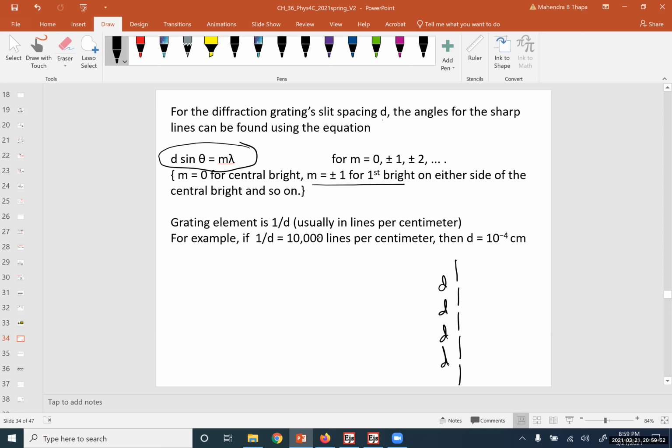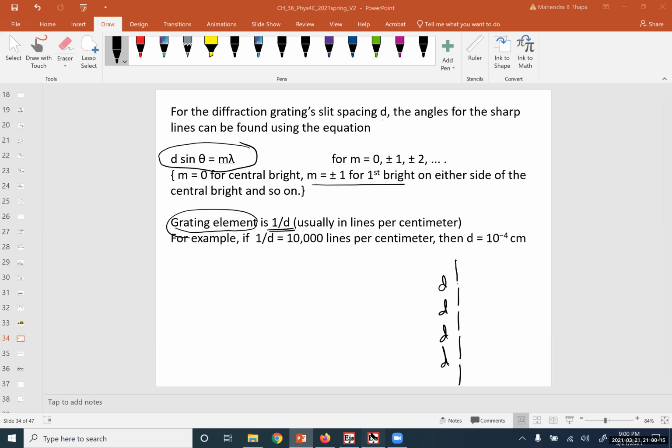Generally 1 over d is called the grating element. For example, if 1 over d is 10,000 lines per centimeter, it means in 1 centimeter we have 10,000 slits. Based on that, we can use this equation for the diffraction grating.